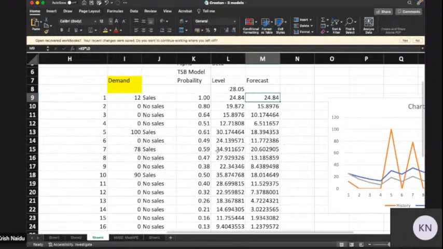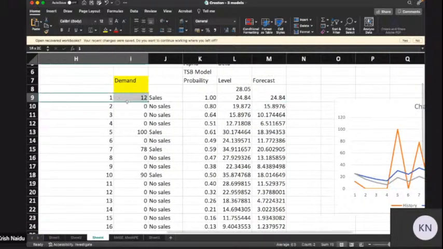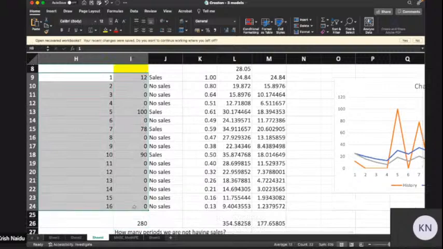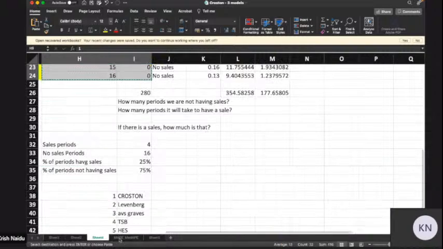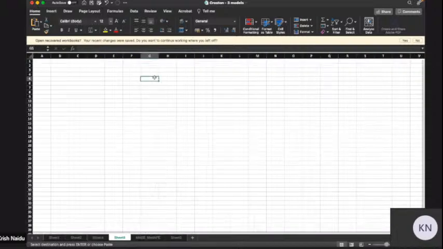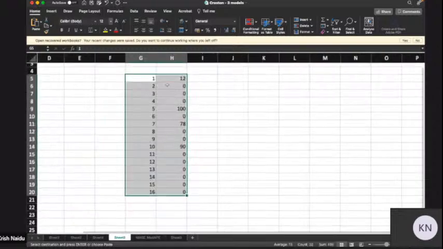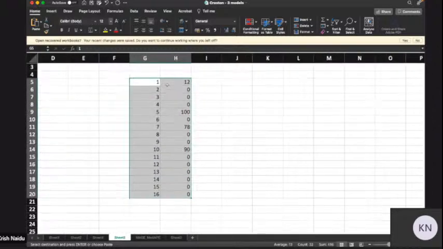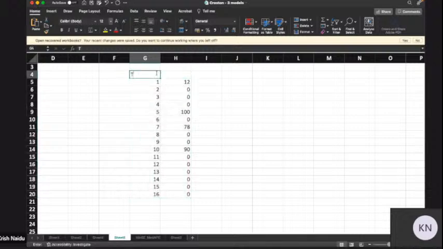Now I will use another model for this, and I'm going to call this Croston.